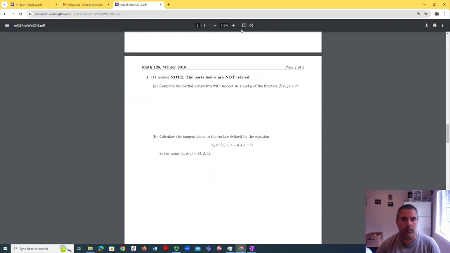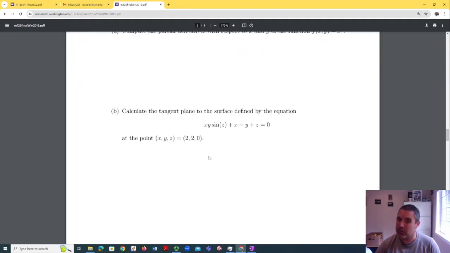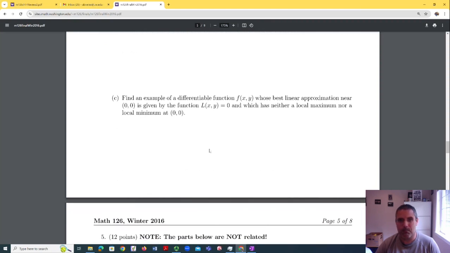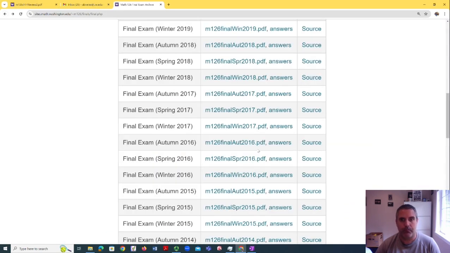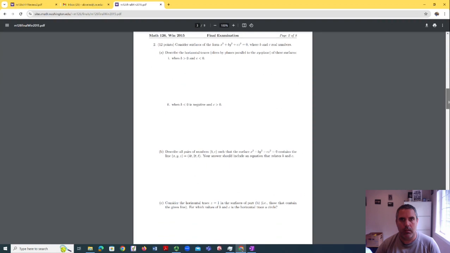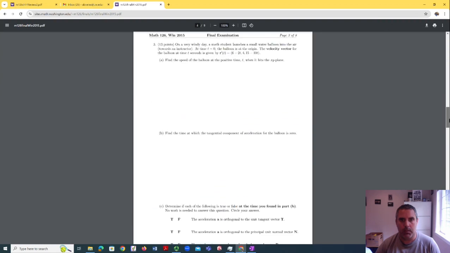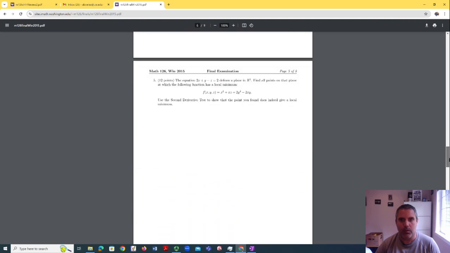But here we go, we finally have a question about partial derivatives. This is about a tangent plane with implicit. That's a volume question. Let's see if I can find some other one. Okay, that's about a curve. So it looks like we didn't always have these in the same order.